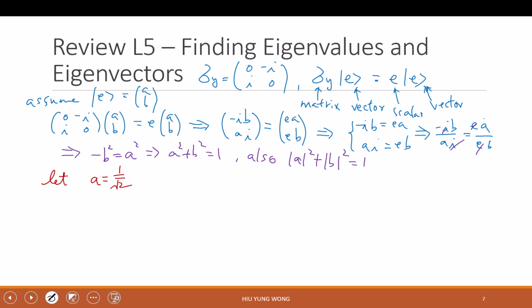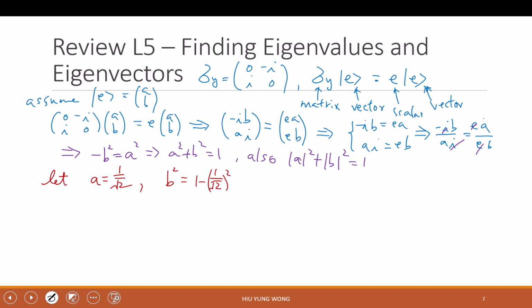Then what will be the value of B? It means B squared equals 1 minus 1 over square root 2 squared, right?